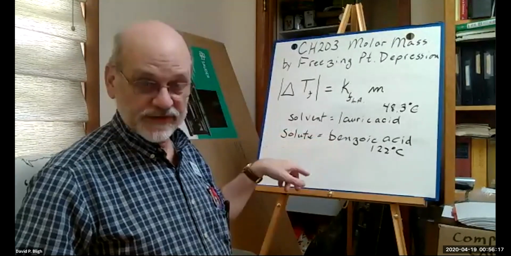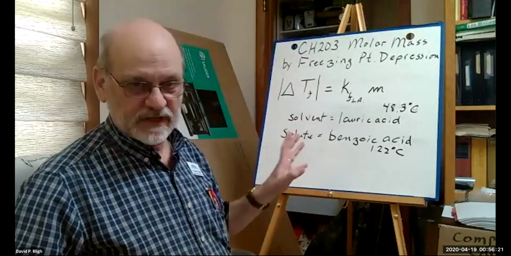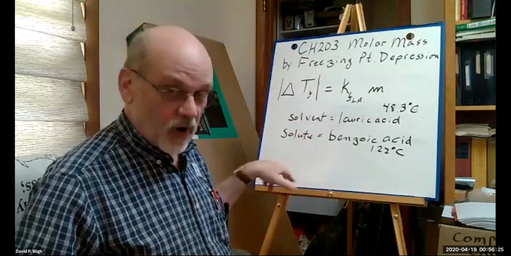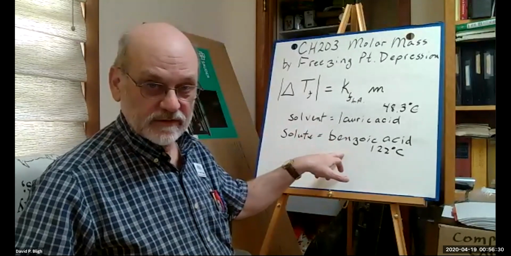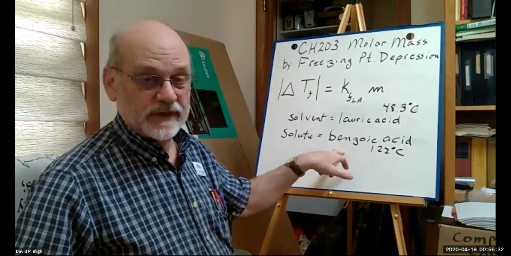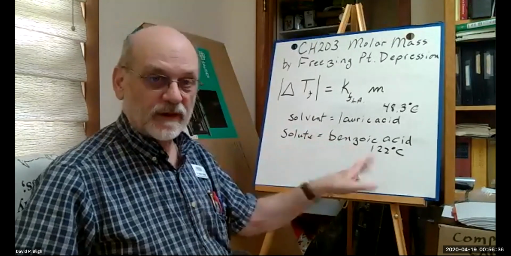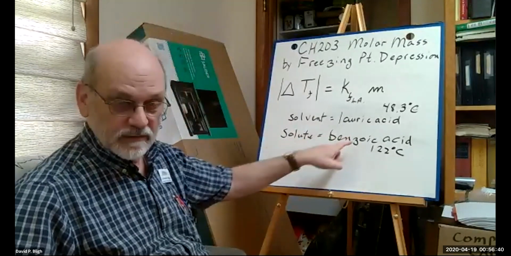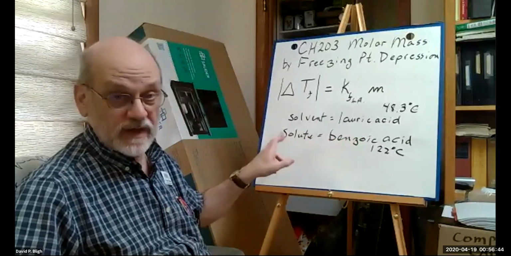It's got 7 carbons. So it's got 6 carbons in that ring, and then it's got a carbon out here. So that's 7 carbons. Then it's got 2 oxygens, and it's got 1 hydrogen out there. But all these other 5 carbons that don't have the subgroup on it also have hydrogens.